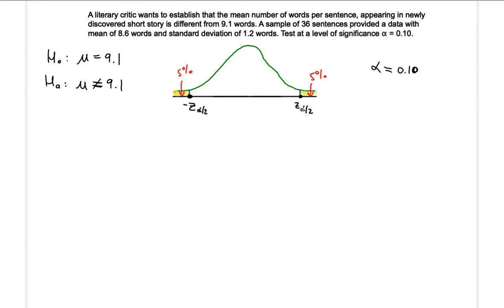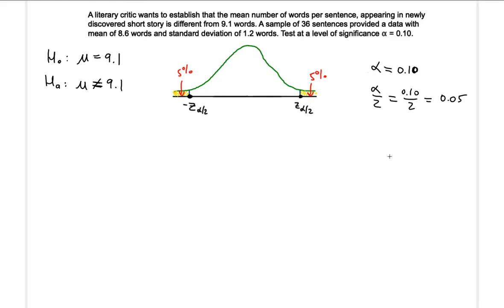And just to remind you, if the observed z statistic is in the rejection region, either this one or this one, we will reject the null hypothesis and conclude that the mean number of words per sentence in this short story is not equal to 9.1 words. So we have to test that statistic. Alpha divided by 2 is 0.10 divided by 2, which gives you 0.05.